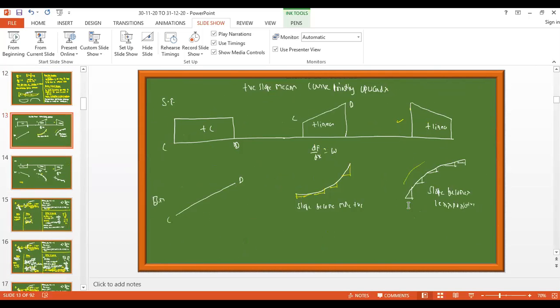This is the shear force. Therefore, the curve will be this curve. The bending moment curve will be like this.